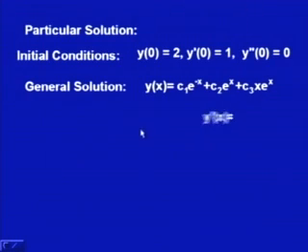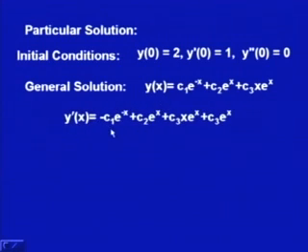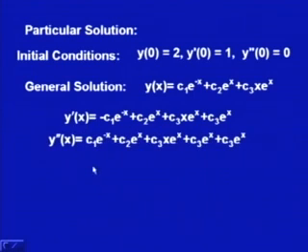What will be y dash? That would be minus C1 e to the power minus x plus C2 e to the power x plus C3 x e to the power x plus C3 e to the power x, and y double dash, that is the second derivative, would be C1 e to the power minus x plus C2 e to the power x plus C3 x times e to the power x plus twice C3 e to the power x, that is, 1 from C3 e to the power x here and here.